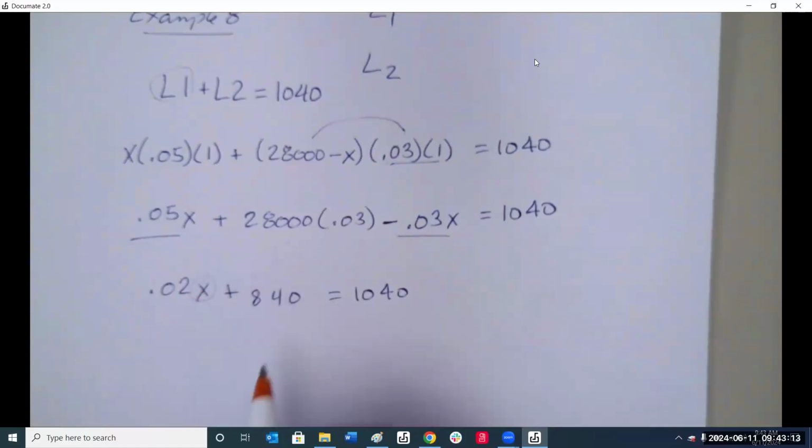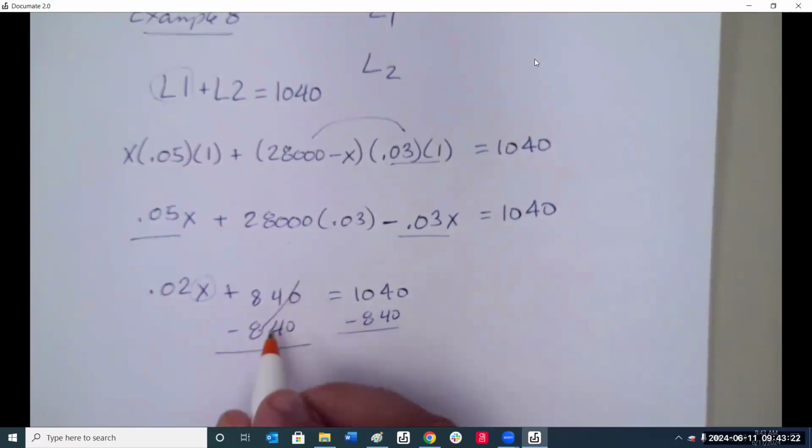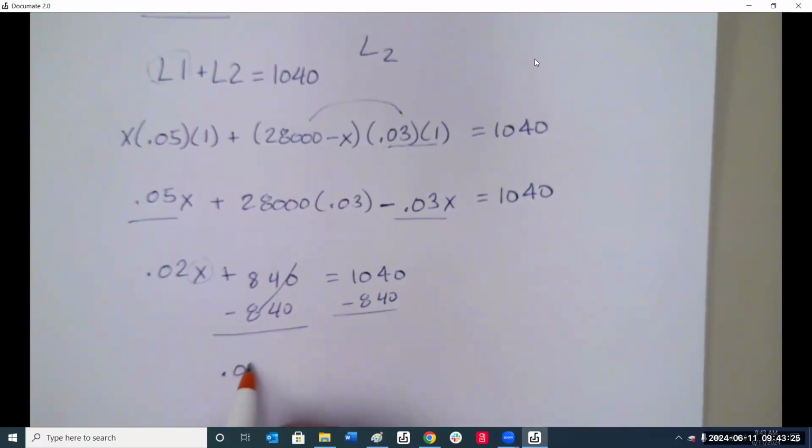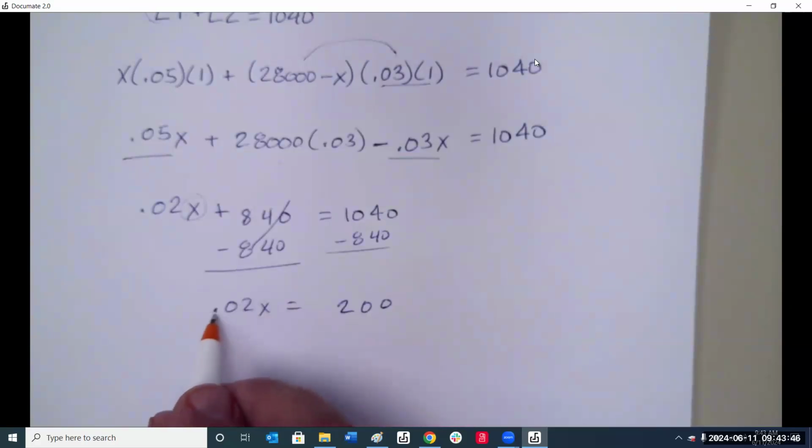We're solving for x. So we subtract 840 from both sides. 0.02x equals 0.2.